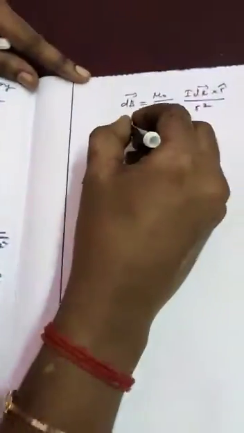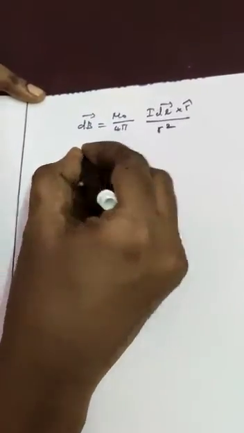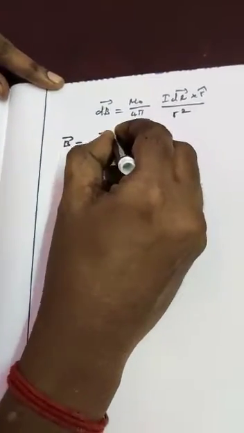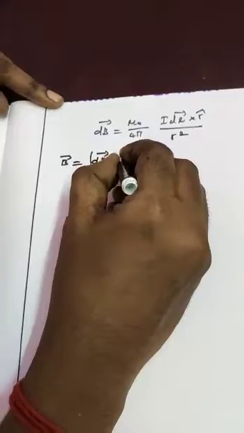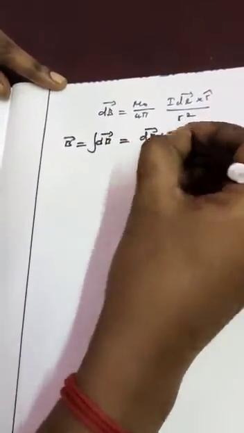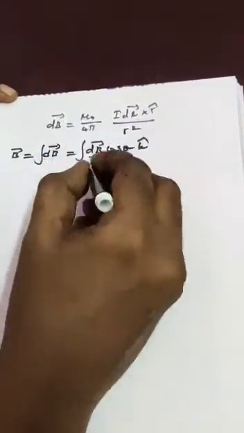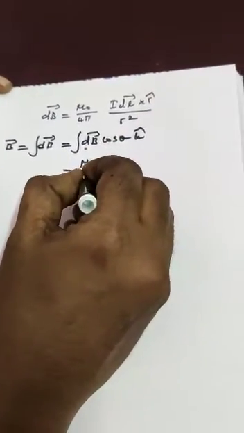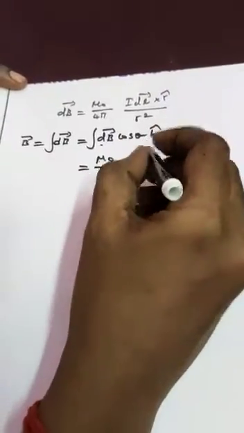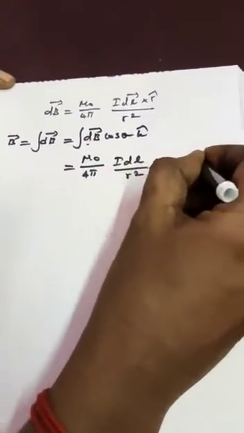To find B from dB, we are going to integrate this. dB vector is integrated, and now we have the dB vector with only the vertical component, dB cos theta k. dB we have already, mu naught by 4 pi I dl divided by r square cos theta k cap.